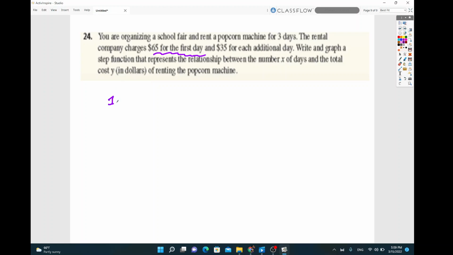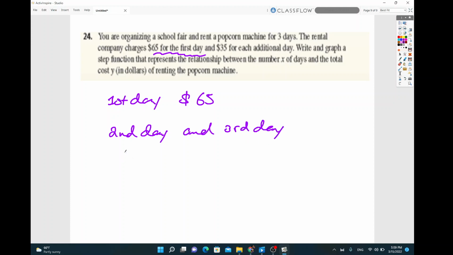So day 1, the first day, spending $65. And then for each additional day, the school spent $35. So the second day and also the third day, the school spends $35 on each one of those 2 days.